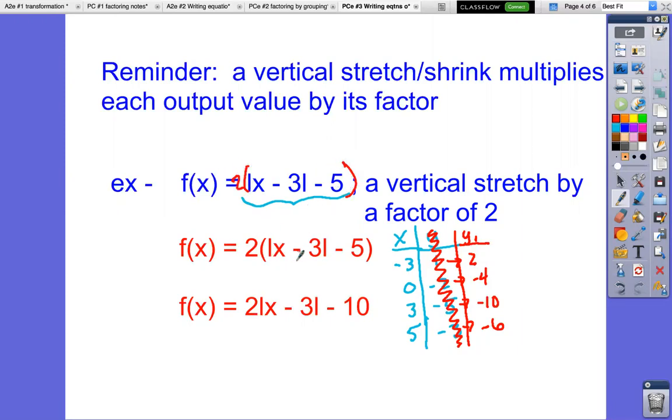Remember, you don't distribute inside the absolute values. But that's why this becomes minus 10 and doesn't just stay minus 5. If we were looking at the vertex, my vertex would now be positive 3, negative 10, and that's it, okay? So make sure that you guys don't make any simple mistakes. Any questions?